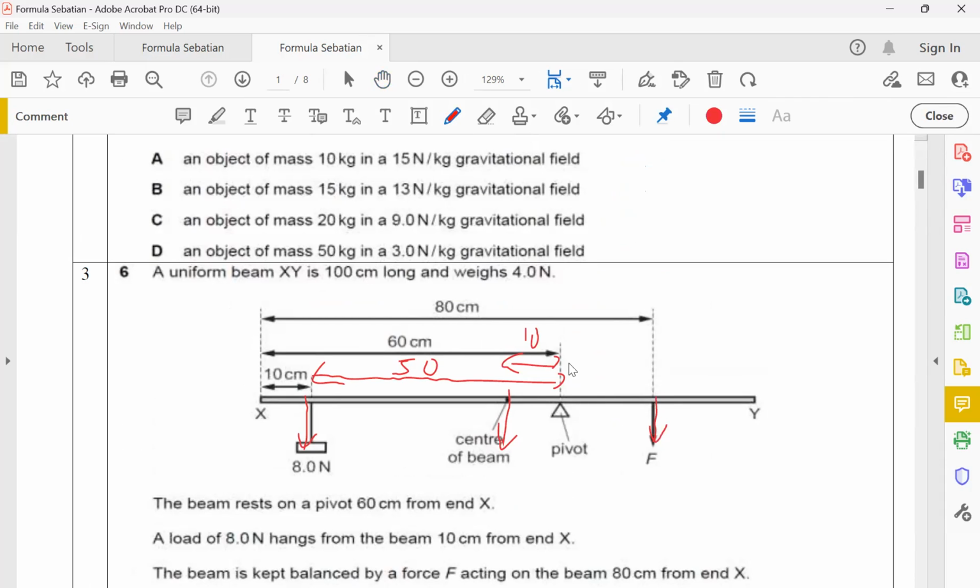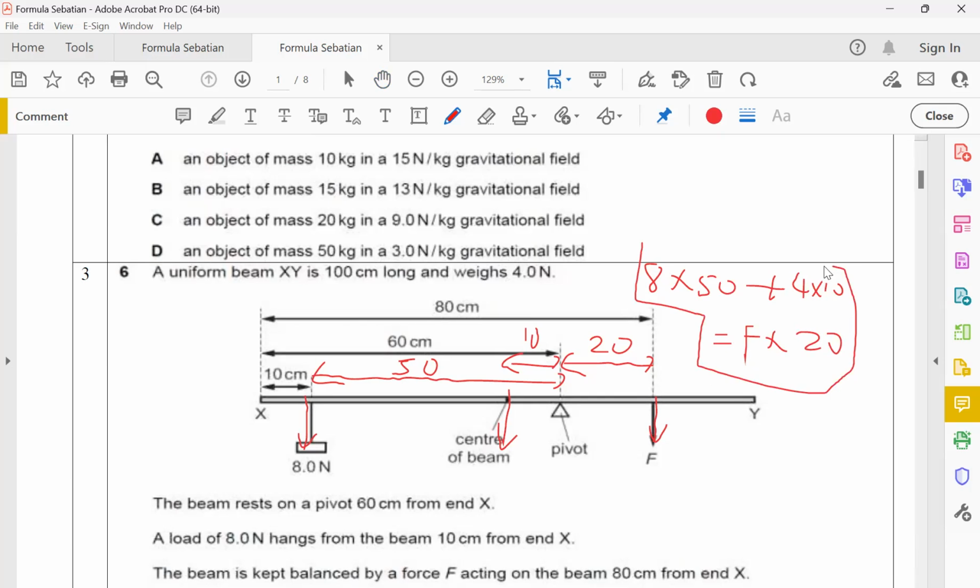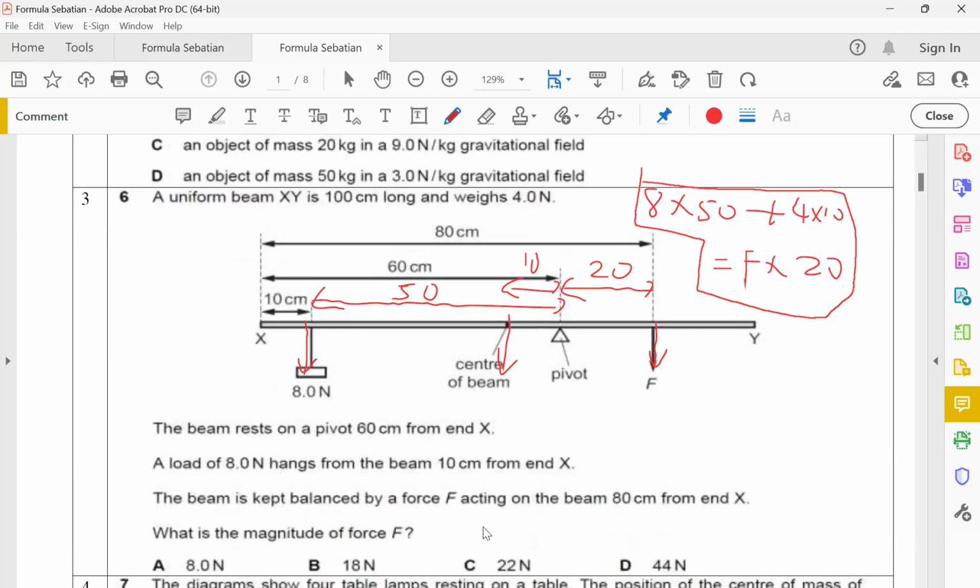This is my F3, and this is my D3, which is going to be 20. So the working will be 8 times 50 plus 4 times 10 equals F times 20. Put everything in the calculator with algebra, and the answer is going to be 22.